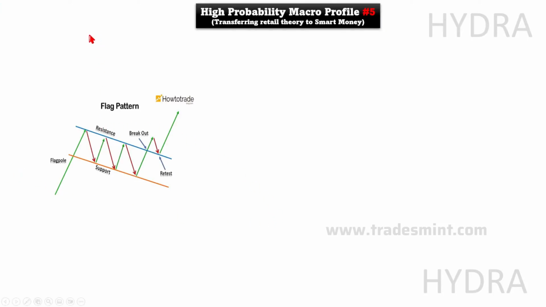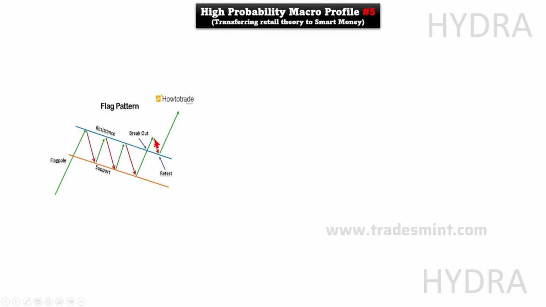I believe the folks who have experience, we all started with retail logic, and as you guys can see, we have a flag pattern forming here. We have high, then low, high, low, high, and price is basically forming a flag, and that's how retail teaches it.